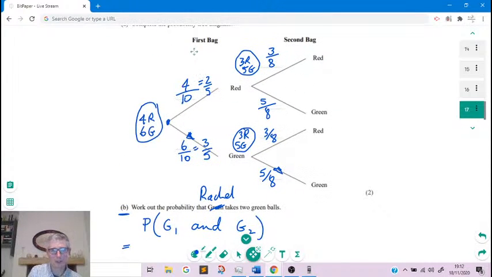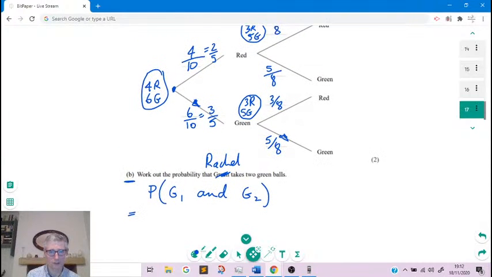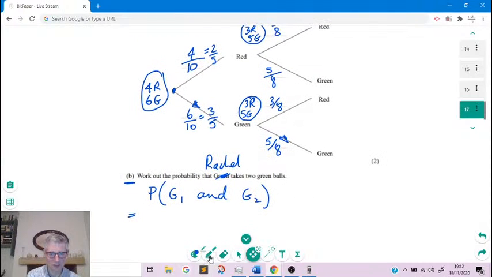That makes total sense really, because a totally different bag would not be affected by it. So the "and" will become a multiply. That's very important. So we've got the probability of getting green 1 times the probability of getting green 2.